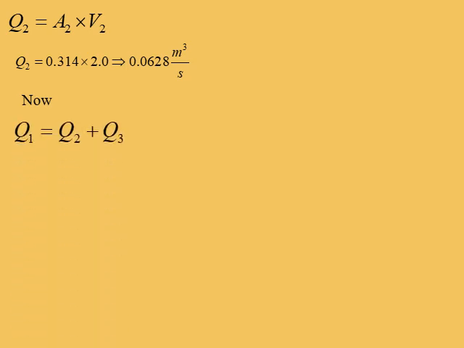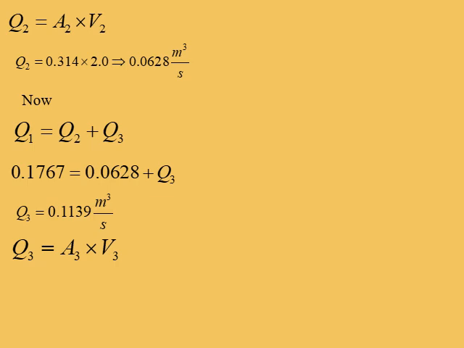Now the total discharge in pipe 1 is equal to the sum of the discharge in pipe 2 as well as the discharge in pipe 3. So now the discharge in pipe 1 as well as in pipe 2 is known, and the discharge in pipe 3 is unknown. It is calculated by simplifying this expression, which gives 0.1139 meter cube per second.